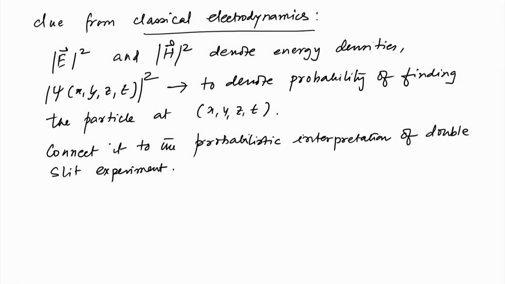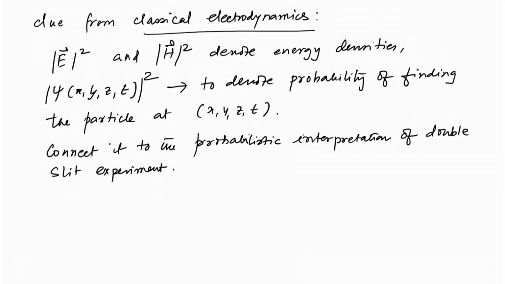Okay. So, psi square is the probability of finding a particle at a given place on the screen.